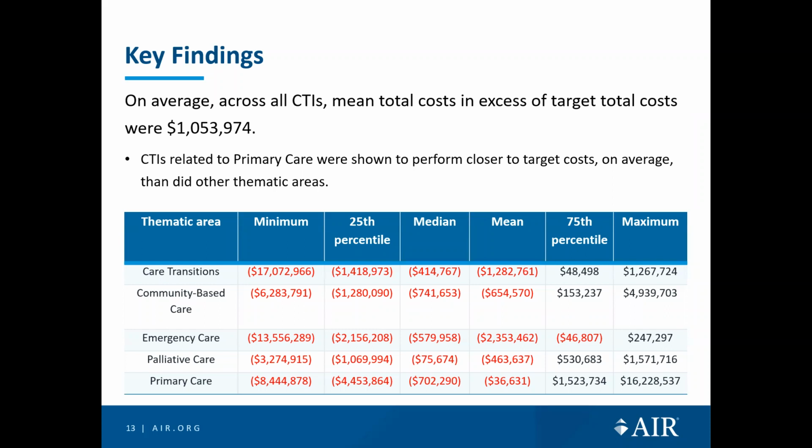That does mean that on average, on a per episode basis, the performance also exceeded the target, but I don't have that specific number in front of me right now, if that's helpful. Thank you. And I'm not sure I understand your second question.